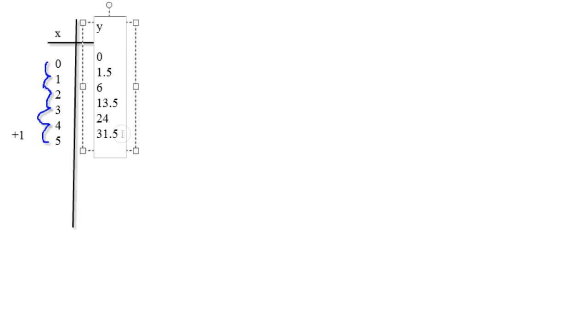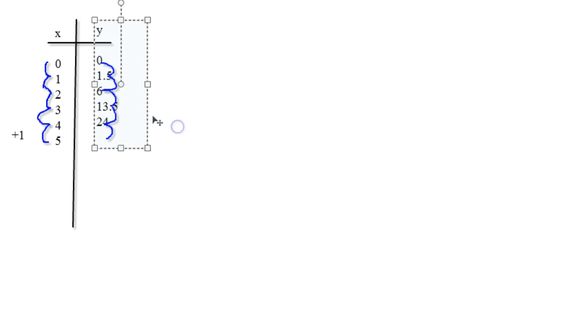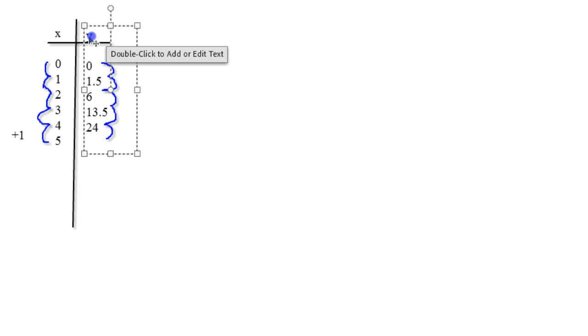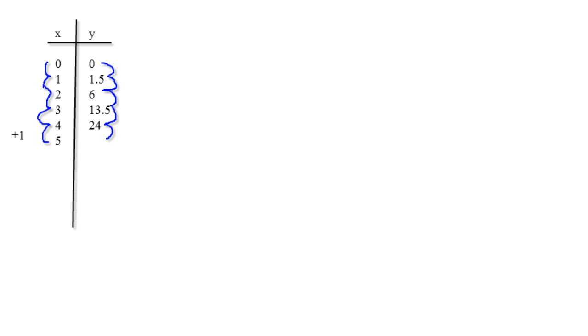Let me change it to 31.5. Alright, so let's look at the differences here. This one we are going up by 1.5. Then this one we are going up by, I believe, 3.5. And then this one we are going up by 7.5.